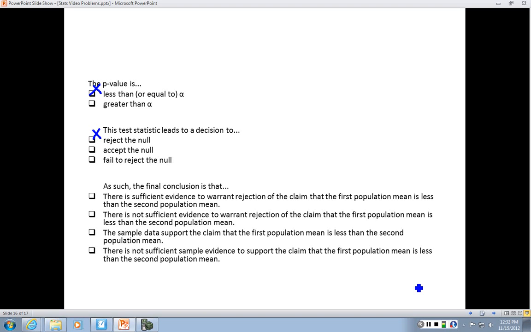The sample data support it. We have rejected the null hypothesis in favor of that hypothesis. So there is our answer, that the sample data support the claim that the first population mean is less than the second population mean.